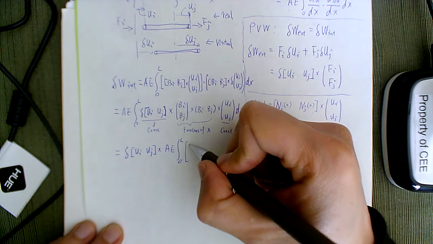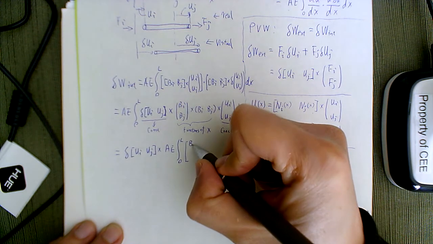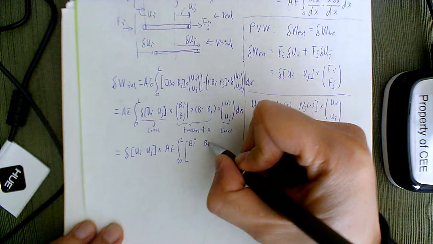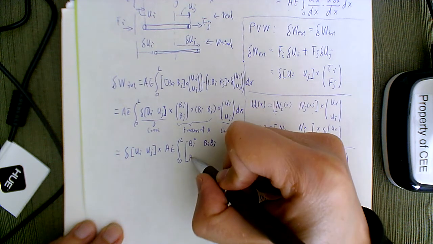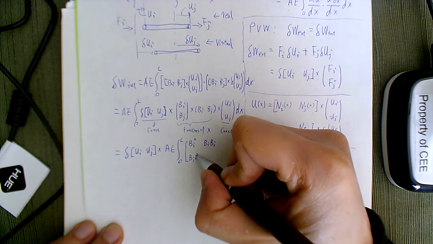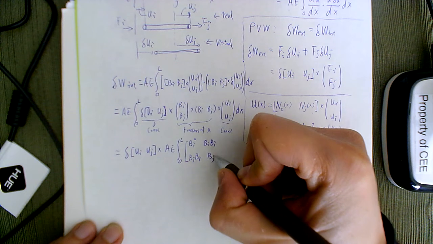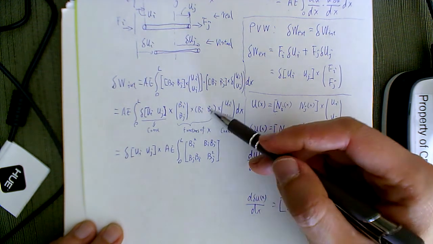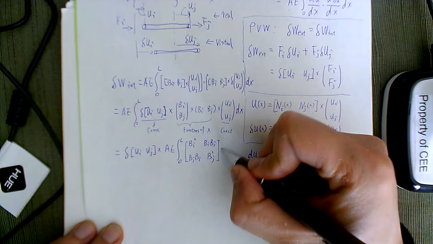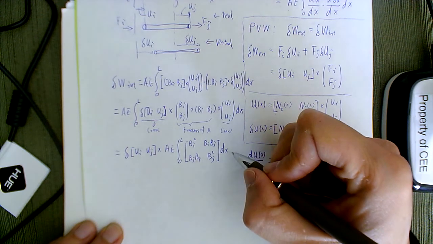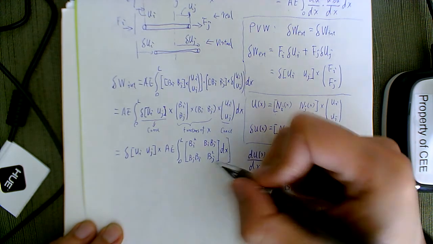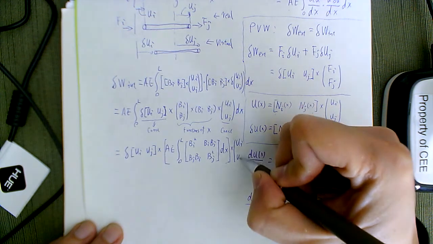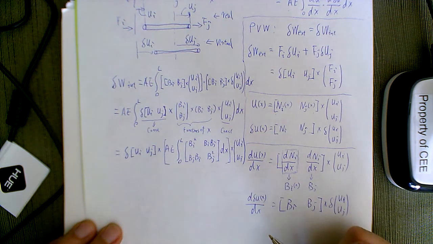So basically, it becomes bi square, then bi times bj, then bj times bi, then bj square. It became a matrix, because this guy times this guy became a matrix. Then I'm gonna do dx, and then after this entire thing, I'm gonna do times the ui uj. Okay.